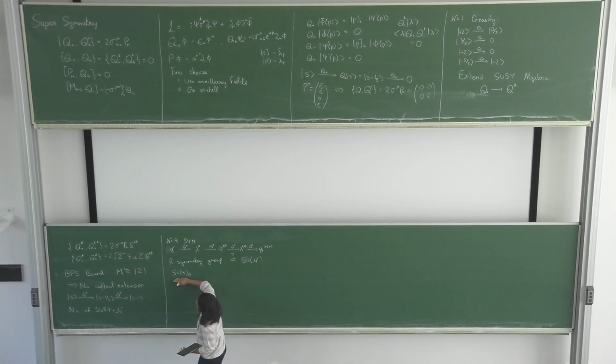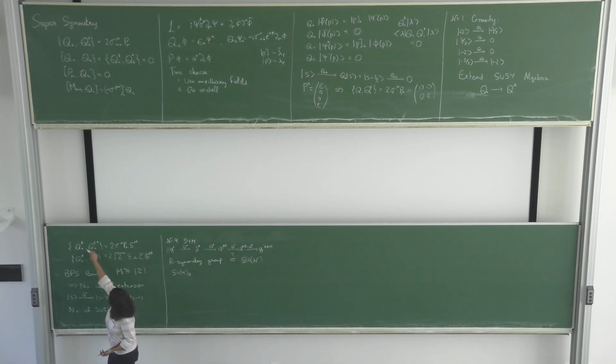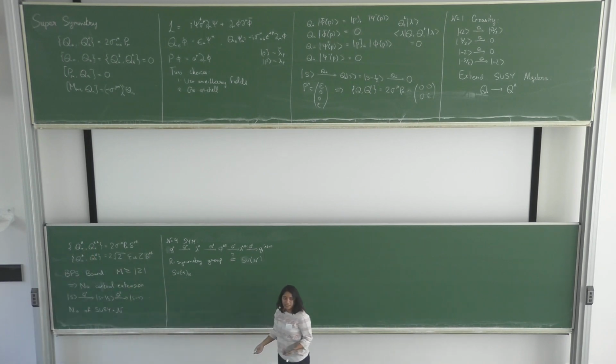Because this is a valid extension of the algebra, all of these states must be representations of SU(4)_R. And it's very easy to read off what these representations are because that capital A in Q_A is just a fundamental index in SU(4)_R.